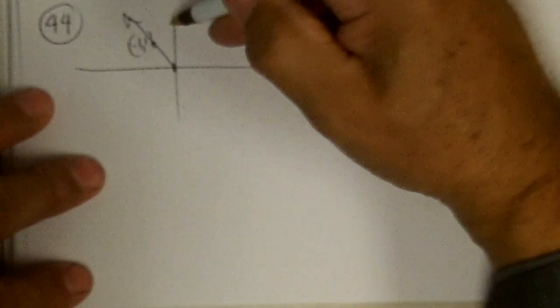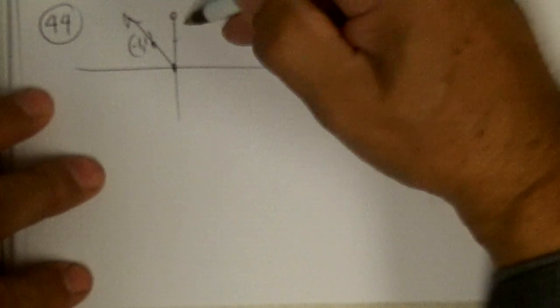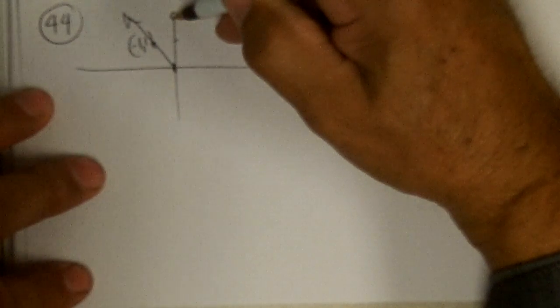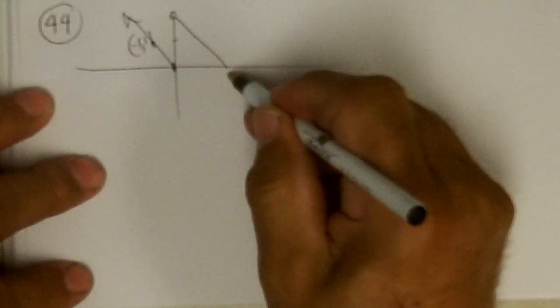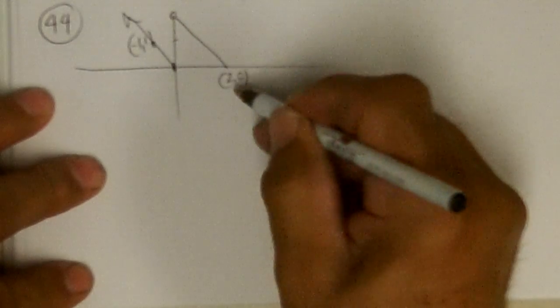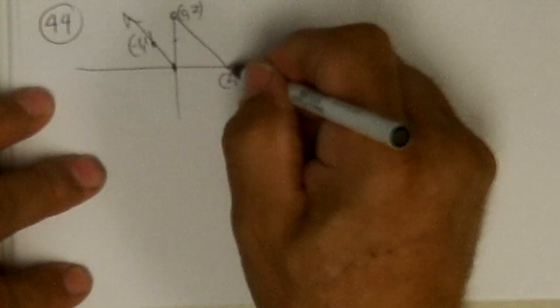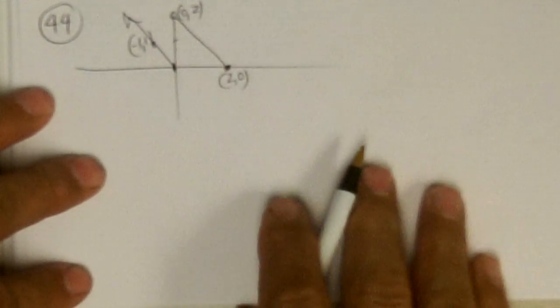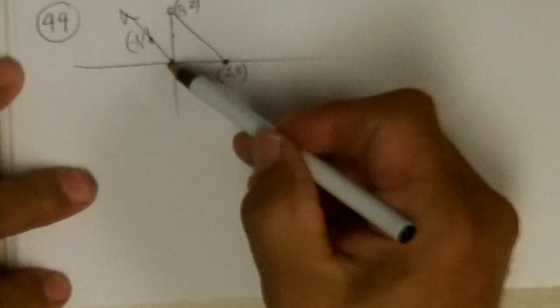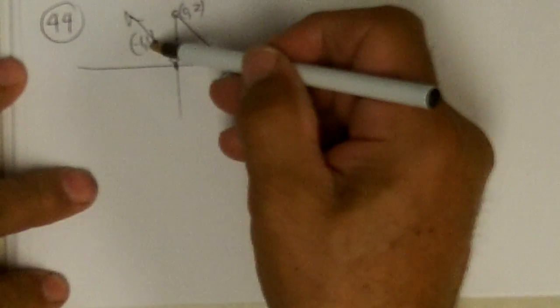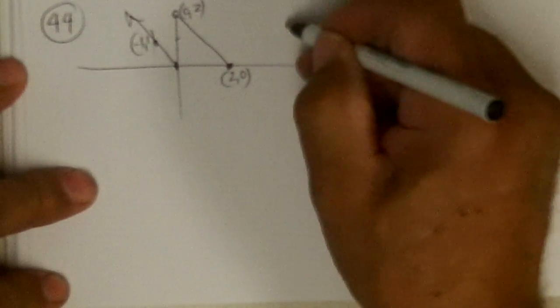And then it has, okay, so this is a line that has a slope of down 1 for 1, negative 1.